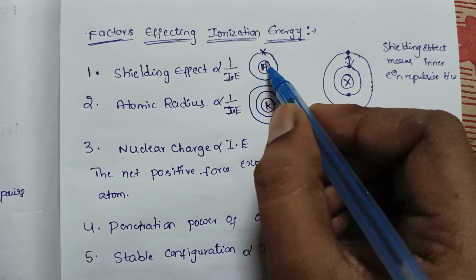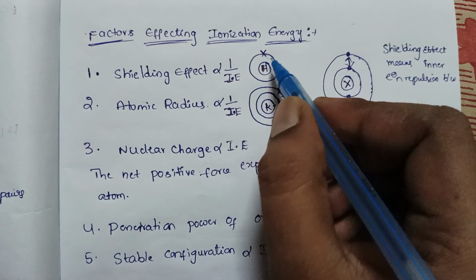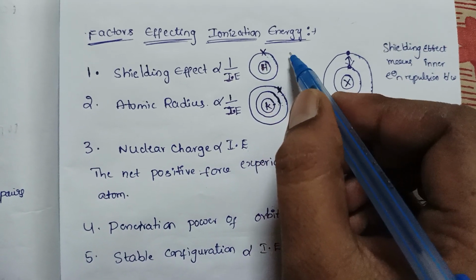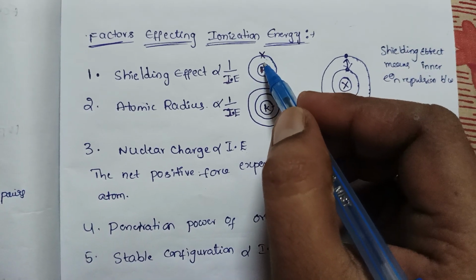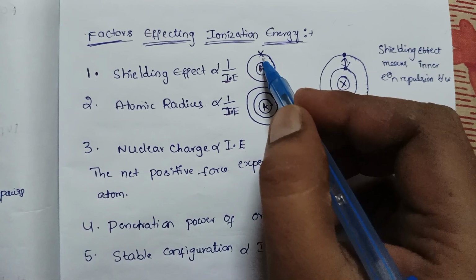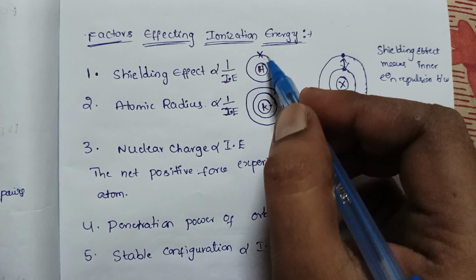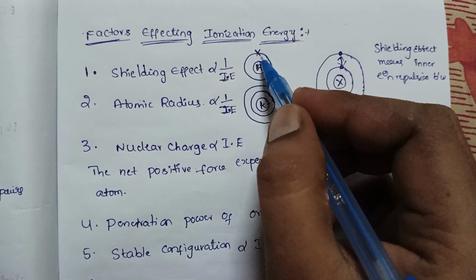If we take a hydrogen atom, the outermost orbital has one electron, because the configuration is 1s1. The smaller the size, the closer the electrons are to the nucleus, which means the attraction is more.